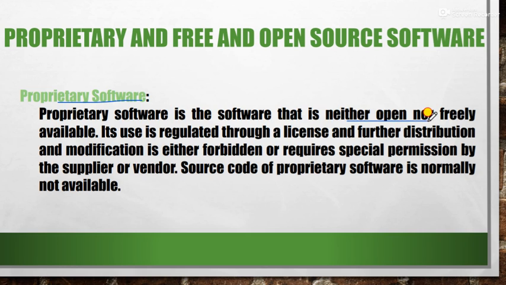So it means its source code you will not be able to see. It is not free, it means it is paid. Its use is regulated through a license, and further distribution and modification is either forbidden or requires special permission by a supplier or a vendor. Source code of proprietary software is generally not available.